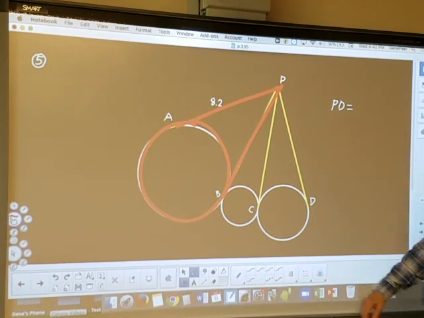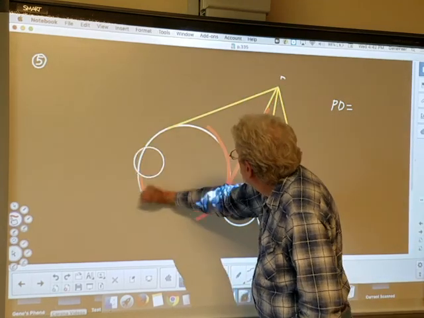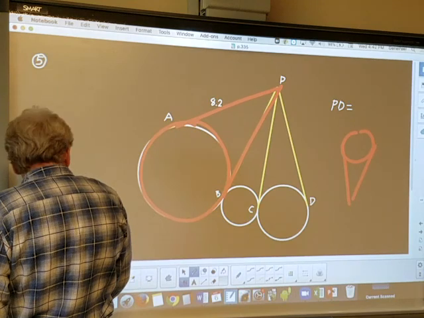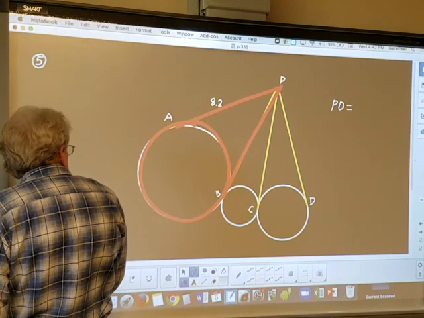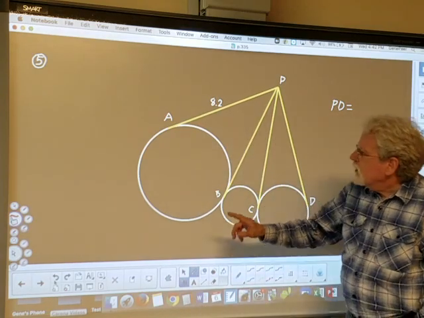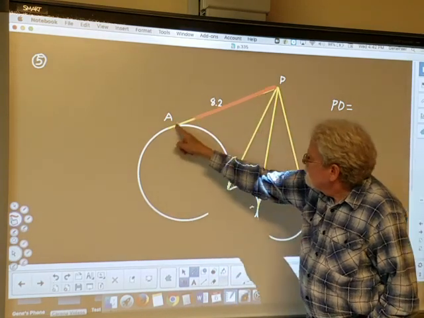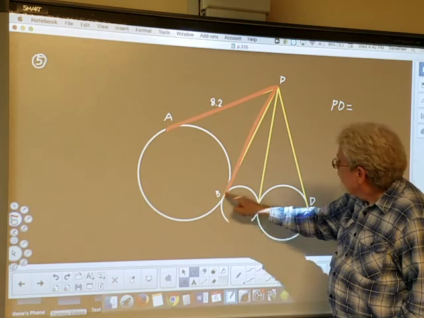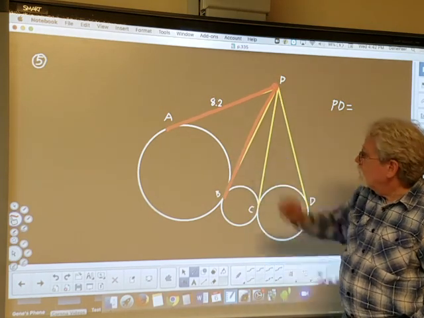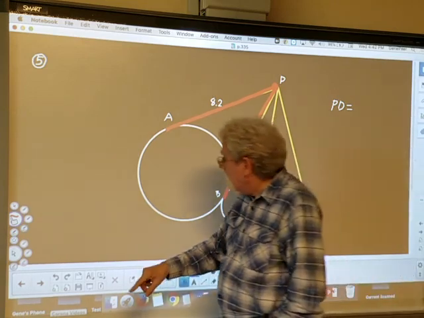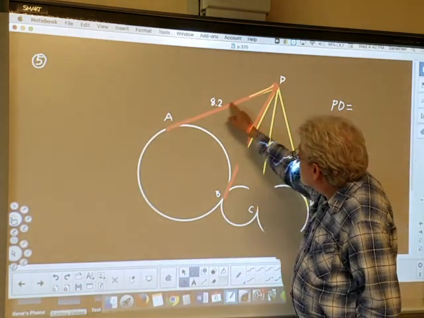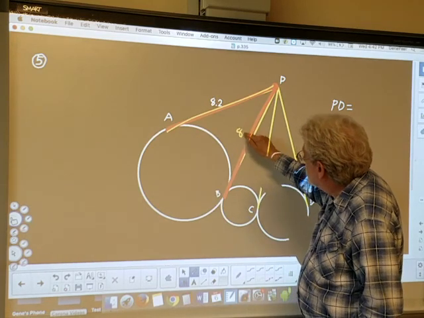The ice cream cone corollary says that if we have two tangent lines from the same point to a circle, those two tangent lines will absolutely positively be congruent. So if this is 8.2, this has to be 8.2.